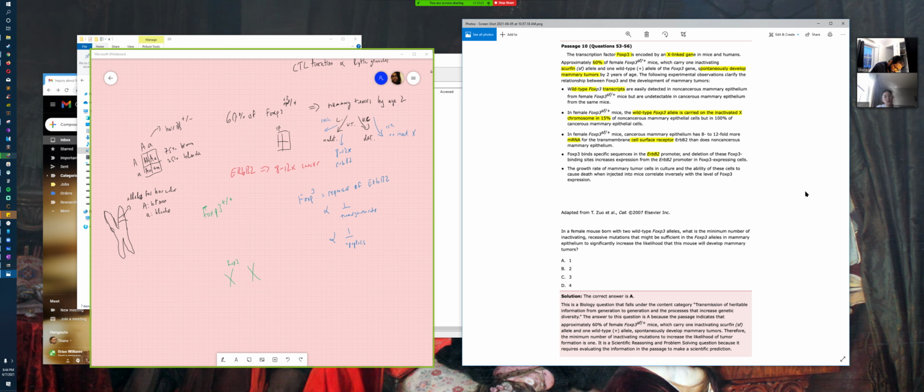And then if FOXP3 works as a repressor of that, if you get rid of one FOXP3 allele, you'll have an 8 to 12 fold increase, which is pretty significant, I suppose. So I think that's the key here.